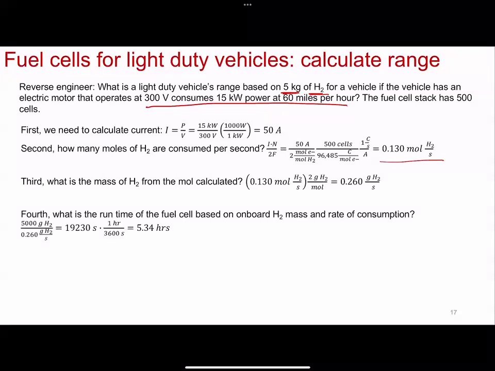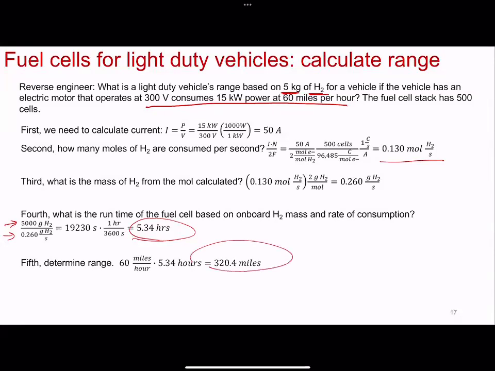But now we say, if I have 5 kilograms of hydrogen and I use 0.26 grams of it per second, that means I will consume my fuel source in 5.34 hours, so a little bit over 5 hours. And if I'm going to drive 60 miles per hour, that means my range is about 320 miles.